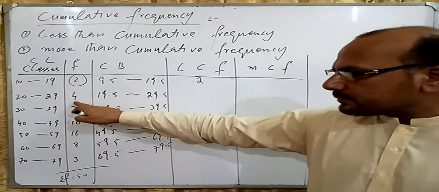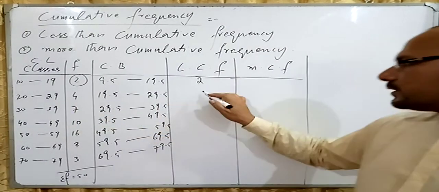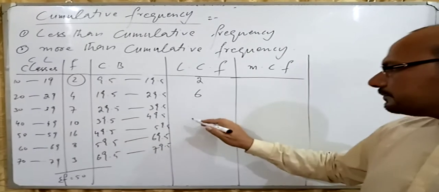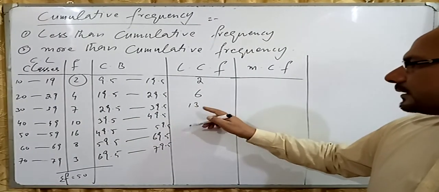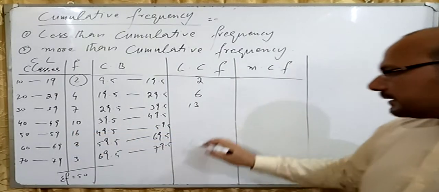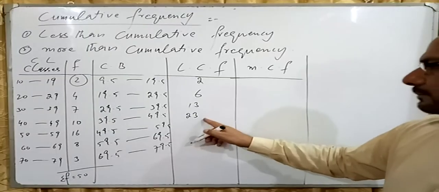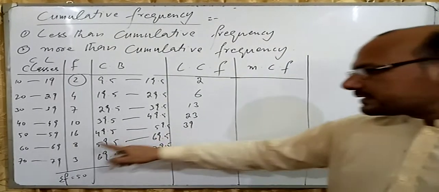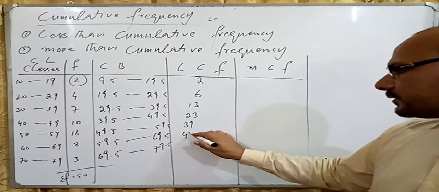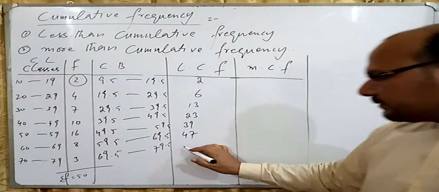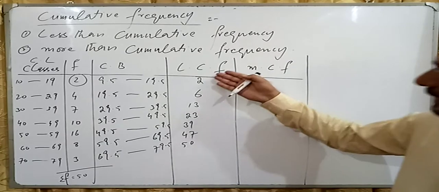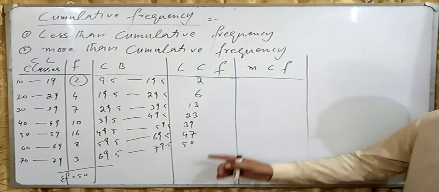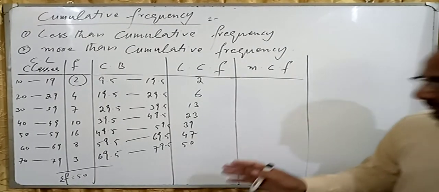Then you will add the next one, plus 4, so it becomes 6, plus 7, so it becomes 13, plus 10, so it becomes 23, plus 16, so it becomes 39, plus 8, so it becomes 47, plus 3, so it becomes 50. In this way you can make the column of less than cumulative frequency just by adding them in sequence.